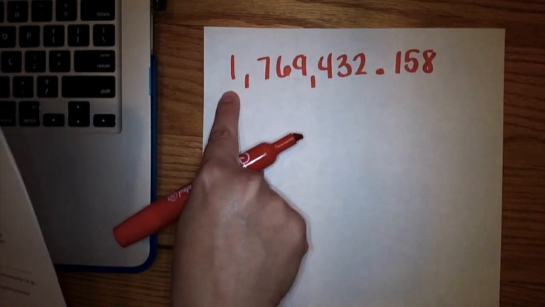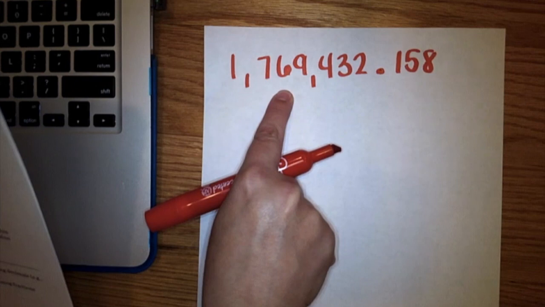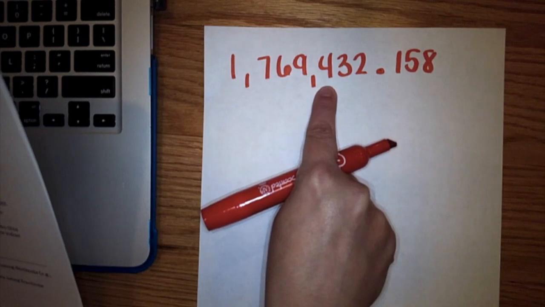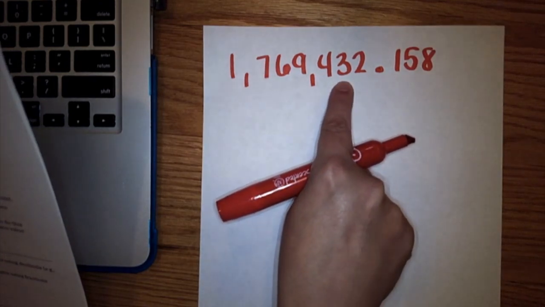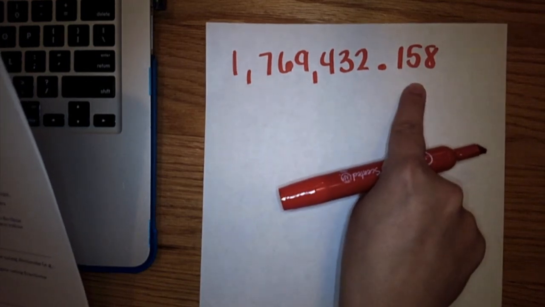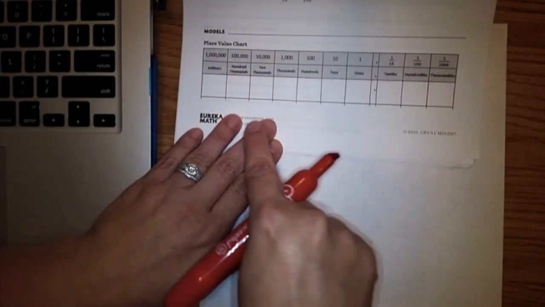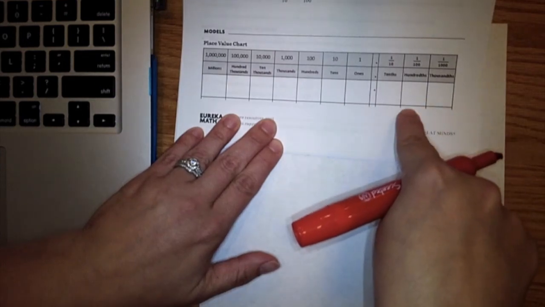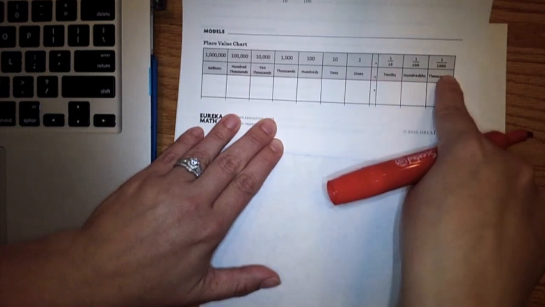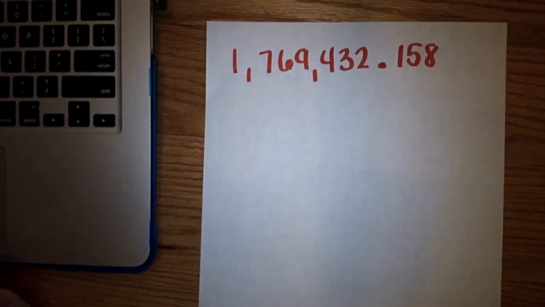So they would say 1,000,000, 700 thousands, 6 ten thousands, 9 thousands, 4 hundreds, 3 tens, 2 ones, 1 tenth, 5 hundredths, 8 thousandths. And don't be afraid to draw a place value chart if you need one. Have your student practice drawing this with fractions and with decimals if you need to. This will help them get down unit form.